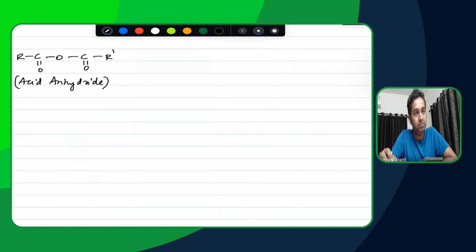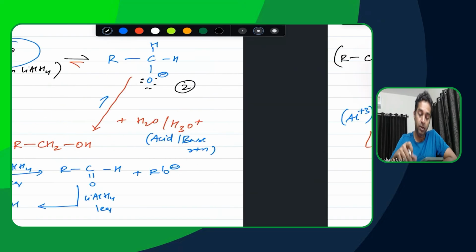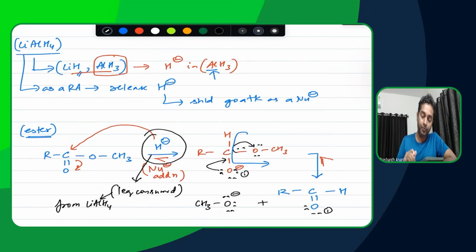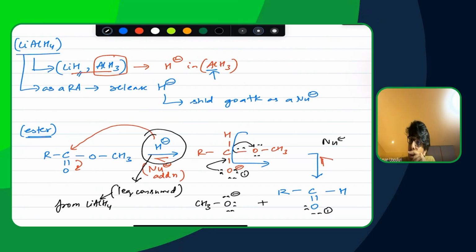What is the mechanism we have been seeing till now? It is called nucleophilic addition followed by elimination. Look, I'll show you. When the ester was reacting here, what is this two-step mechanism called? This is a nucleophilic addition, and this is elimination.